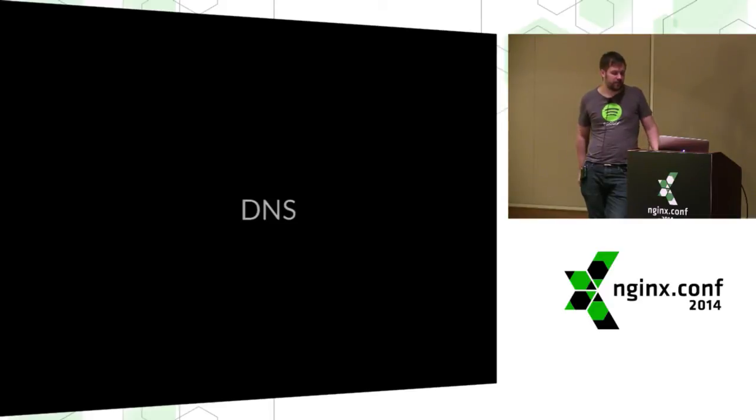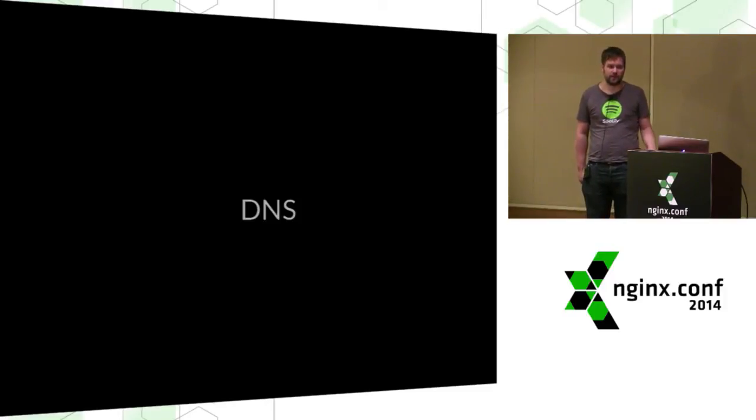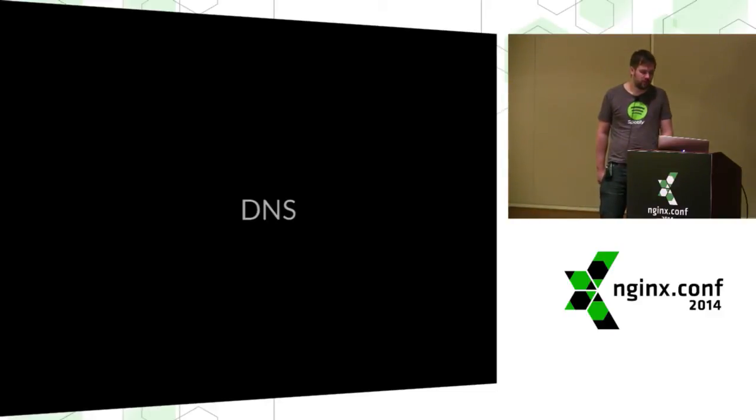SRV records are a bit different in that you will use a service name to look up a set of host names and ports. I'll show you how it works. And we use that for all service discovery. And it will also be used in this particular case. But here we also use some additional mechanisms in DNS to describe the distributed hash table as well.